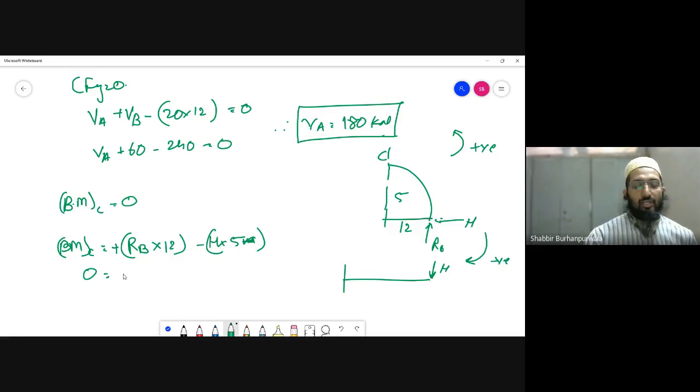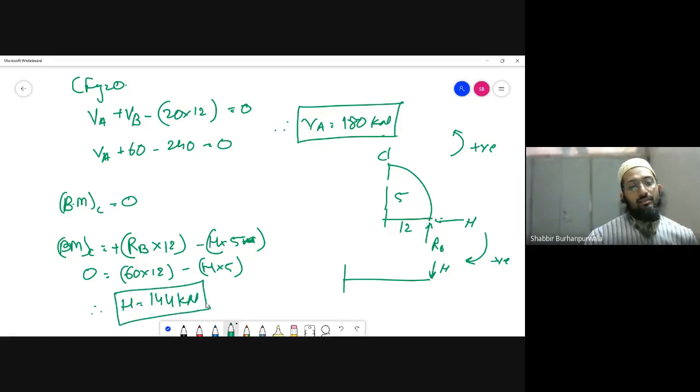Solving it, what is the value of RB? RB we have determined as 180. No, sorry, RB I think is 60. 60 into 12 minus H into 5 is equal to 0. Therefore, my horizontal thrust is equal to how much? Please check if you are getting the same answer.